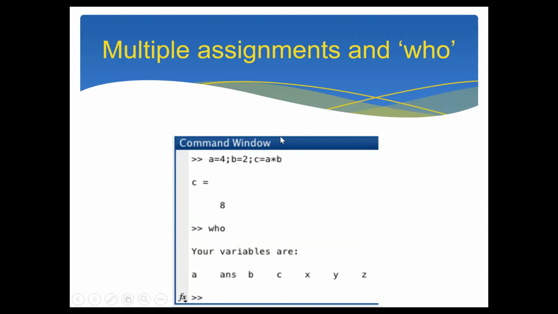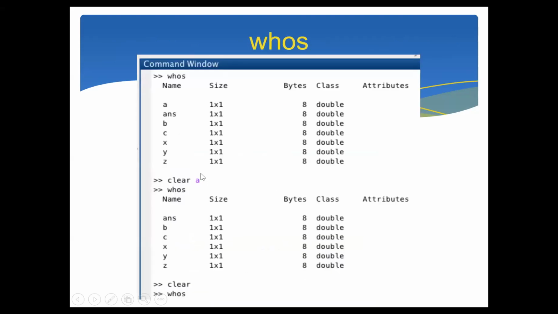They should be the same as what you have in the workspace. And you can also type whos. Try whos. After you run whos, the result is detailed information about those variables, right? Then you know what its size is, what its memory is, what its type is, and what its value is. So whos just reads out all the things in the workspace.